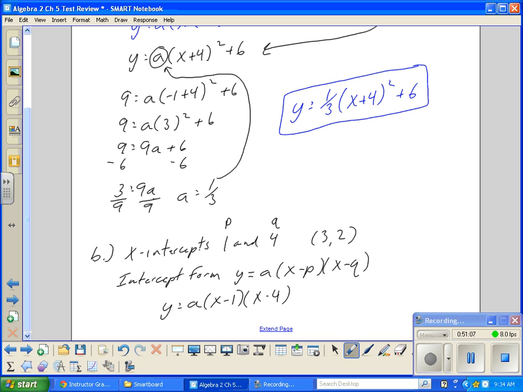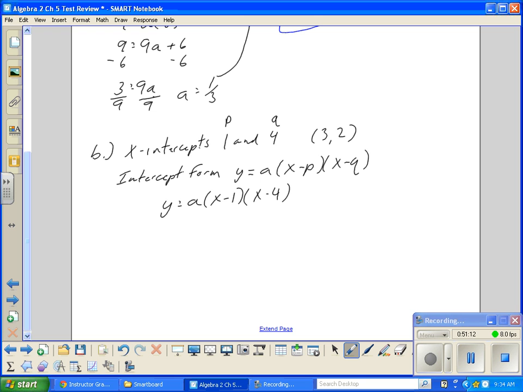And just like the last one, we got everything now except for the a term. So we take the point they give us and we plug it into the equation for x and y.